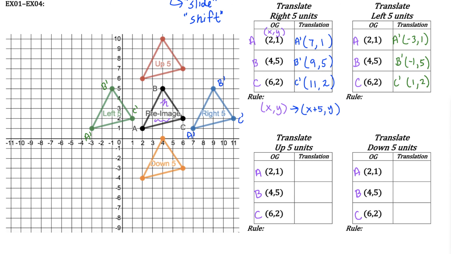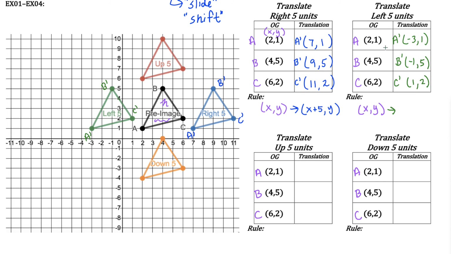So once again, we start off with x's and y's, right? And then they translate, and the 2 is now negative 3. The 4 is negative 1. The 6 is 1. The 1 is still 1. The 5 is still 5. The 2 is still 2.